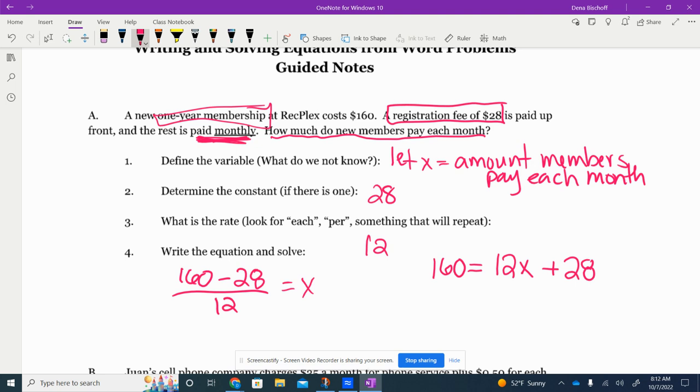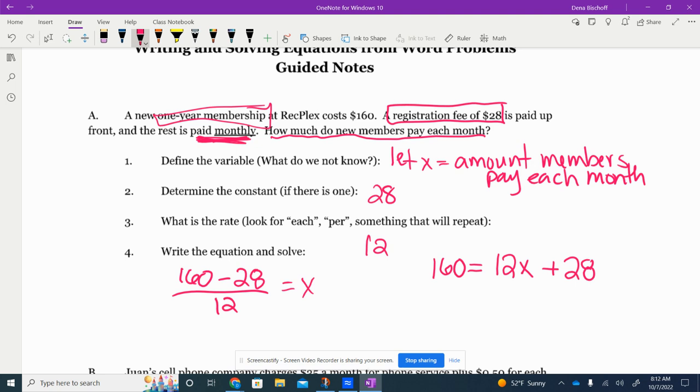Because I think sometimes you guys struggle with writing an equation. So I know that I have to pay $160, but I pay 28 up front. 160 minus 28. And then I'm going to divide it into the number of months. Divide by 12. You guys do that, and then you're like, oh, that's not an equation, I don't know what to do. Just set it equal to your variable.